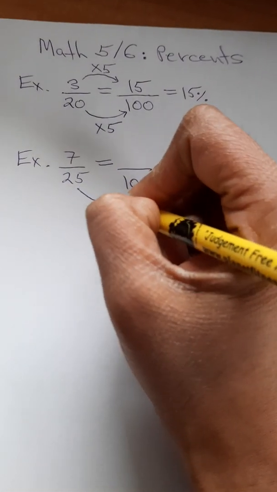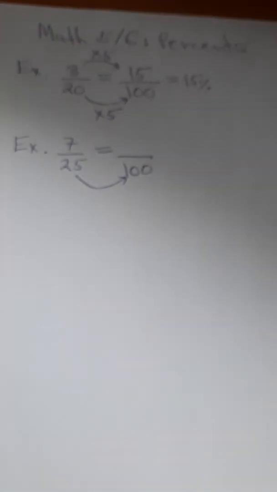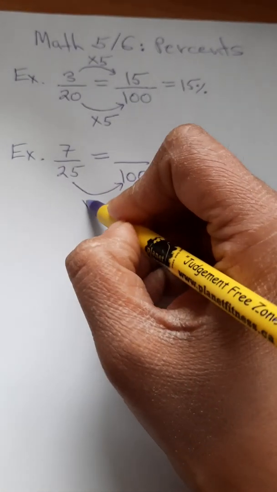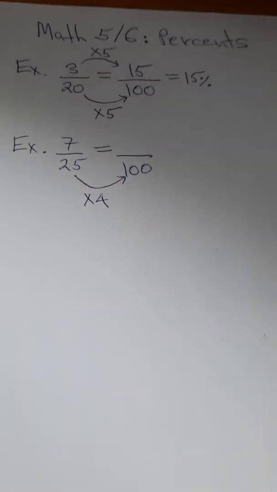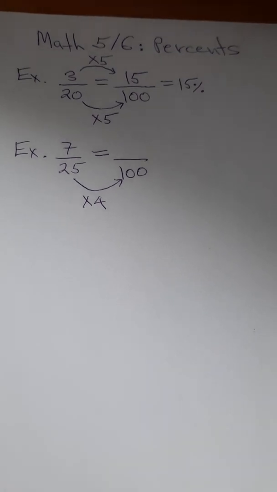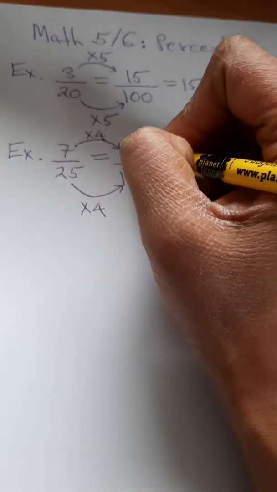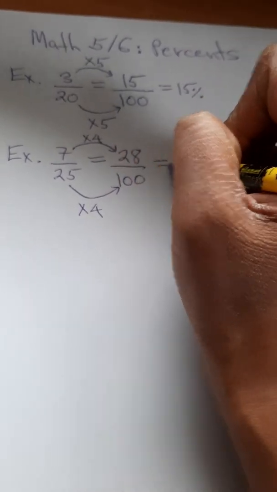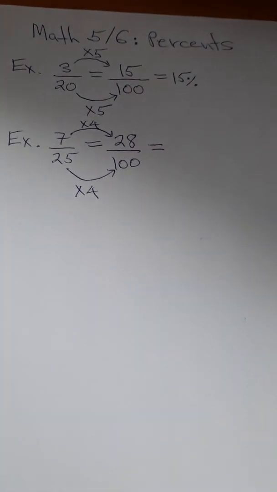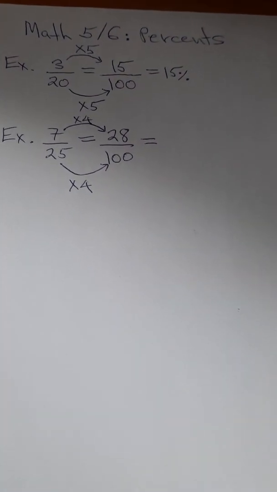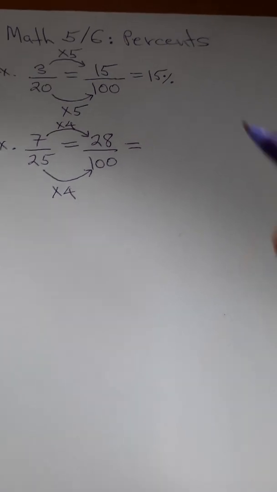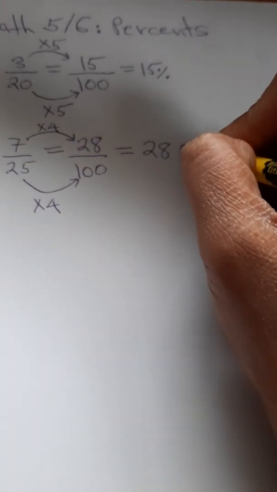Once again, how do I get from 25 to 100? I'm going to do 25 times 4, which I know is equal to 100. Whatever you do on the bottom, I have to do on the top as well. So I'm going to do 7 times 4, which is equal to 28. As a fraction, it's 28 over 100, and this is equal to 28%.